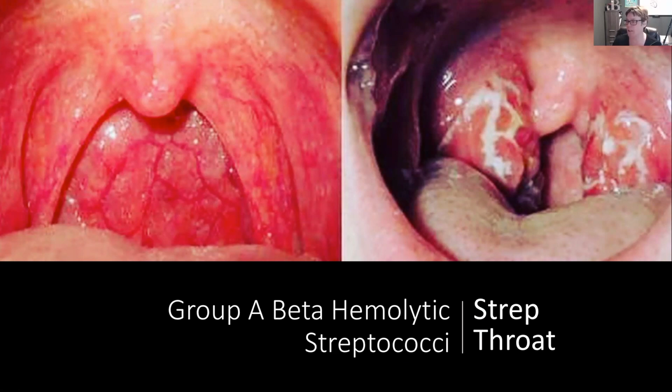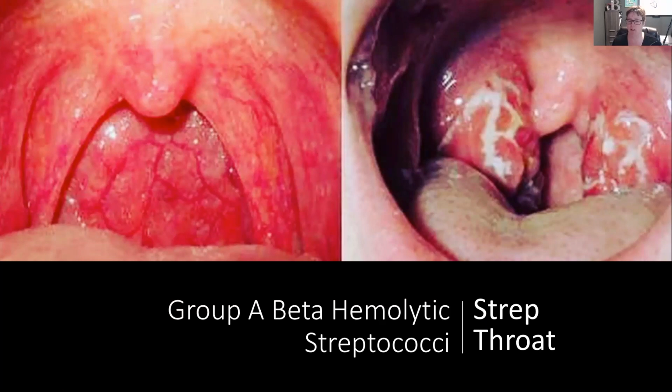Strep throat here, you notice the swelling, and then you can see the white plaques here. This is a consistent strep throat appearance. And if strep throat is undertreated or mistreated, a patient is at higher risk of developing rheumatic fever, which leads to rheumatic heart disease, where the bacteria affects those valves.